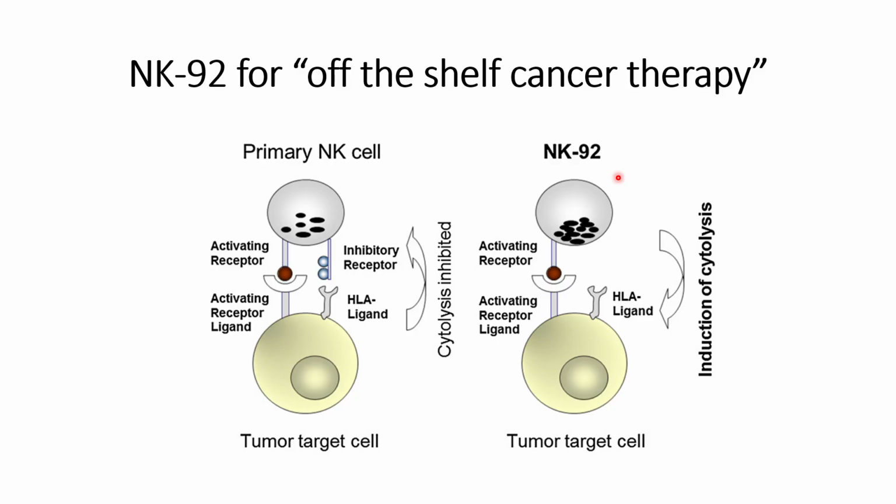And this varies from patient to patient. However, in general, NK-92 is considered a tolerable cell line to target cancers, and it is a commercially used cell line for this off-the-shelf cancer therapy.